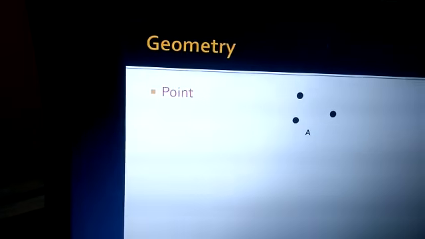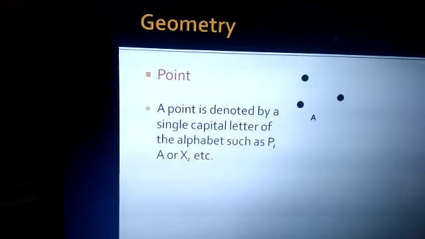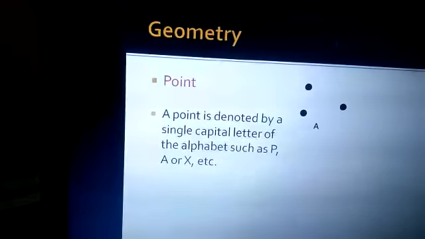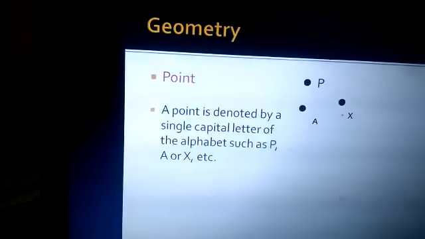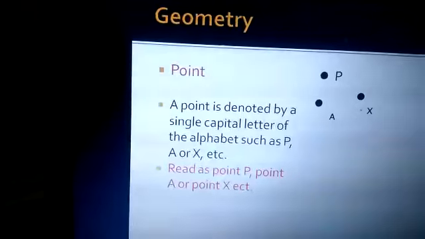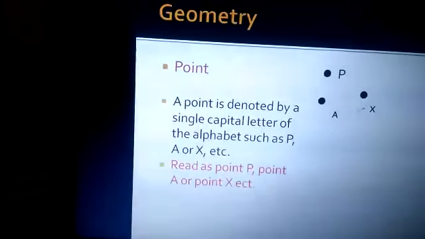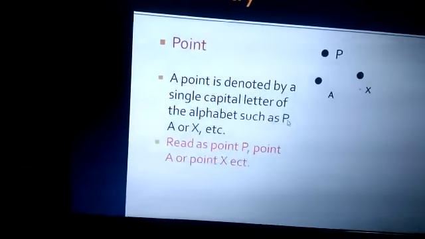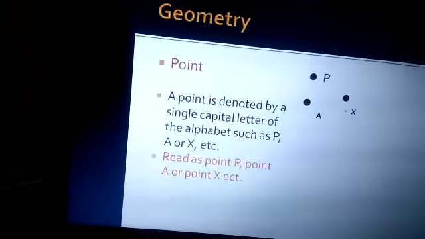Point. A point is denoted by a single capital letter of the alphabet such as P, A or X. It is read as point P, point A, point X, etc. Let me tell you about the examples of point.